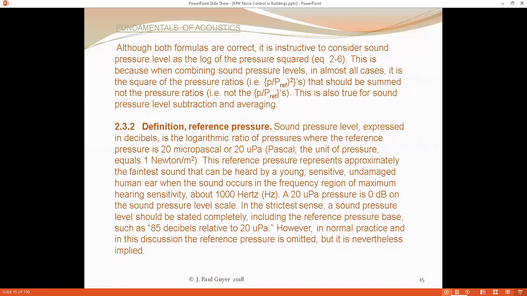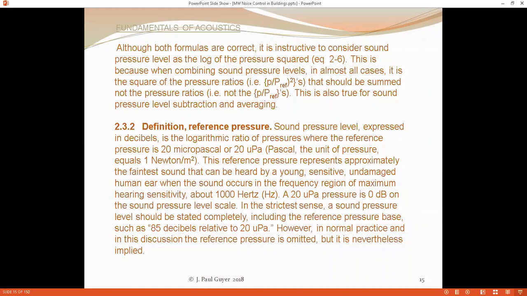So that is the reference pressure, because that is the pressure that is just barely perceivable by the young, healthy human ear. And so the decibels is the ratio of the sound pressure being perceived by your eardrum over the 20 micropascals. And that is the definition of the sound pressure and the decibel.